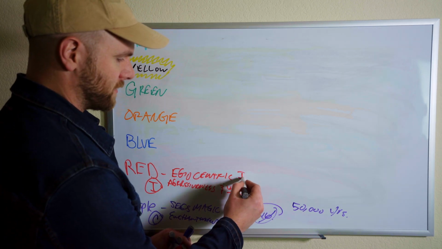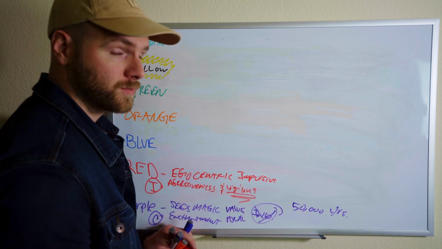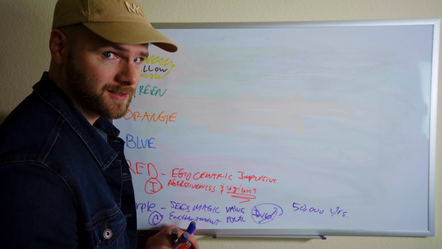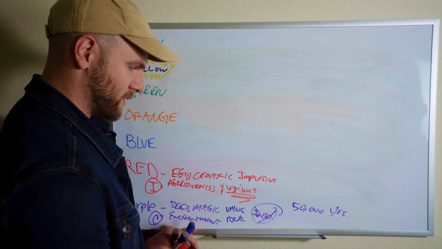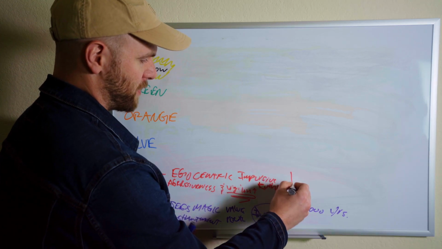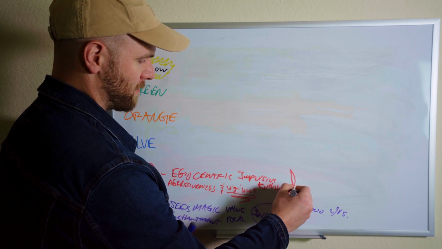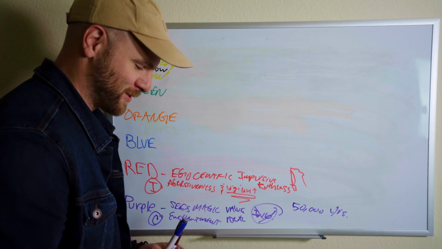Red is impulsive. Do it now. We might not get tomorrow. Let's do it tonight, right? So red is impulsive and ruthless, really, as well. Ruthless. Boom. This is my best attempt at a sword, with blood coming from the sword, okay.